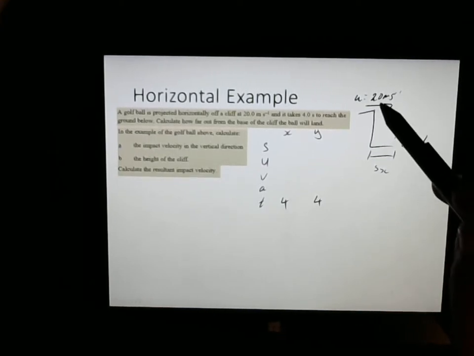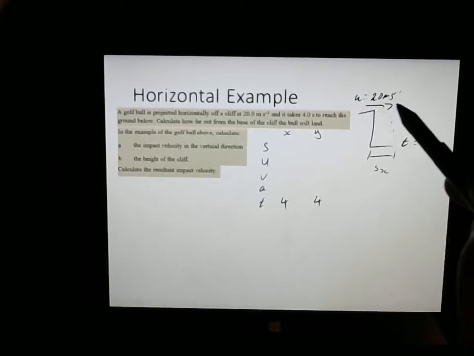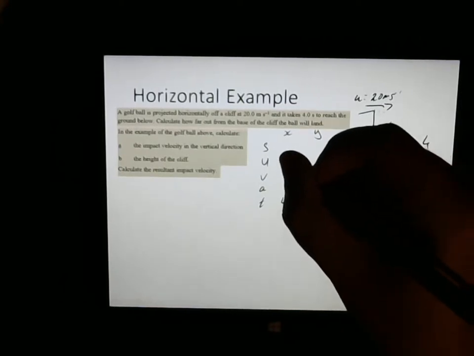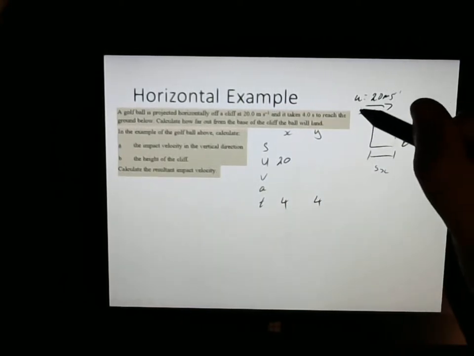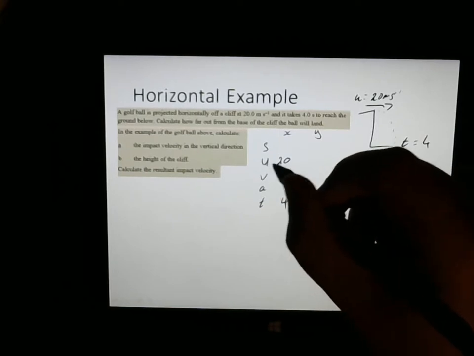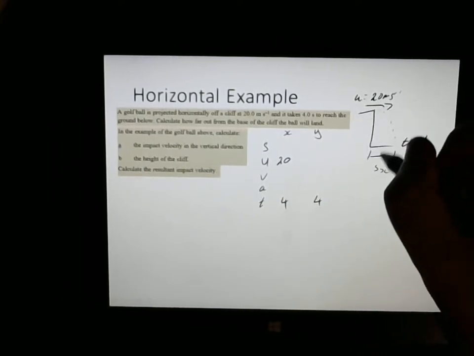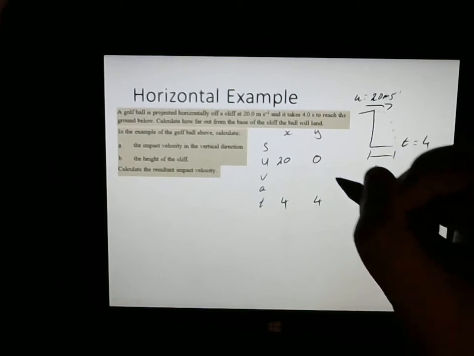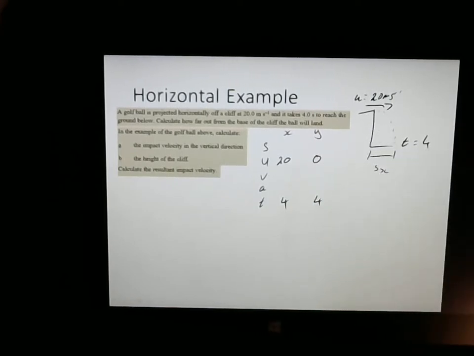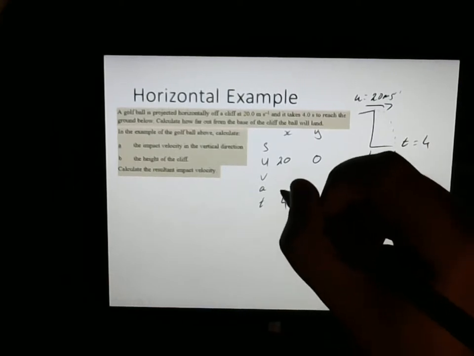I do know that the initial velocity in the X direction is equal to 20, because it's going horizontally. And I also know the initial velocity of my Y is 0 because it's all X. It's nothing going up and down. So I'm going to put 0 there. Now if we remember back to our assumptions, we will recall that acceleration in the X direction is equal to 0.